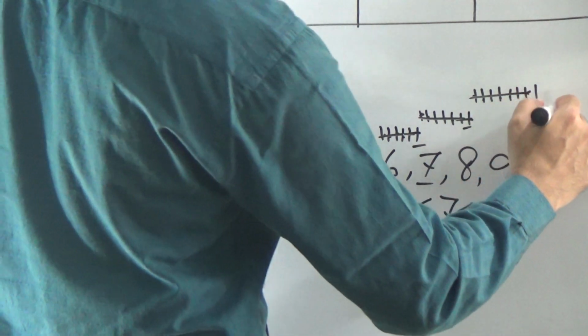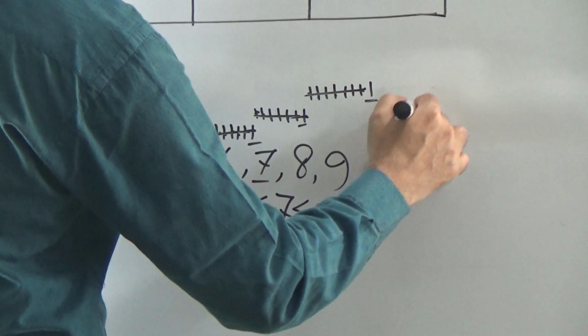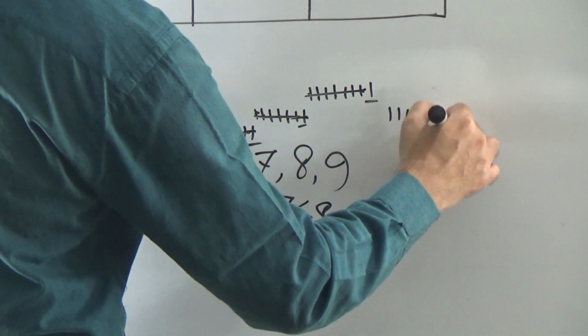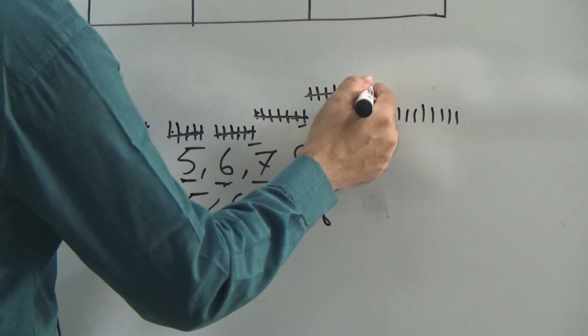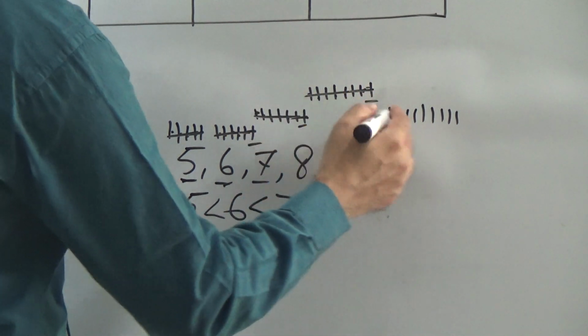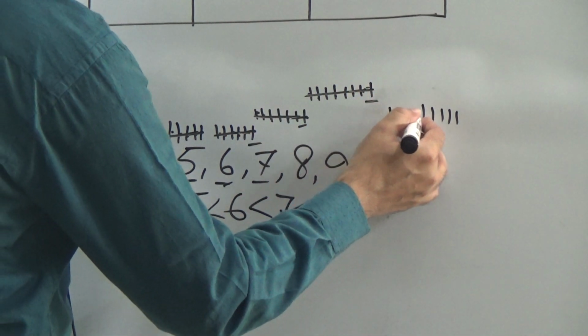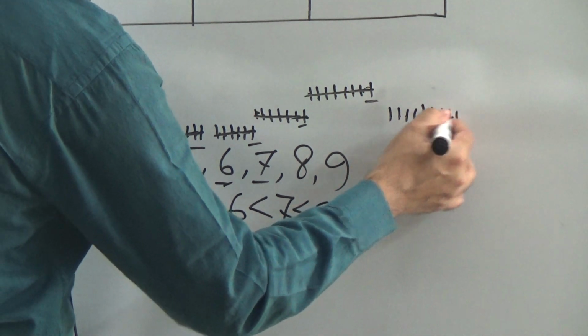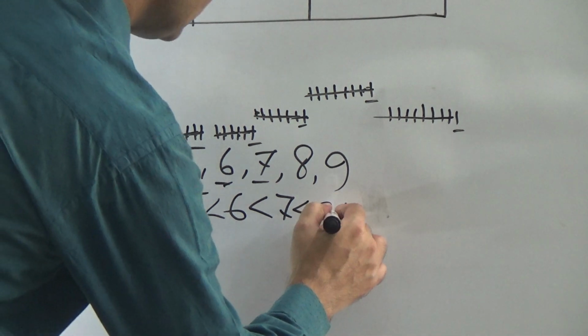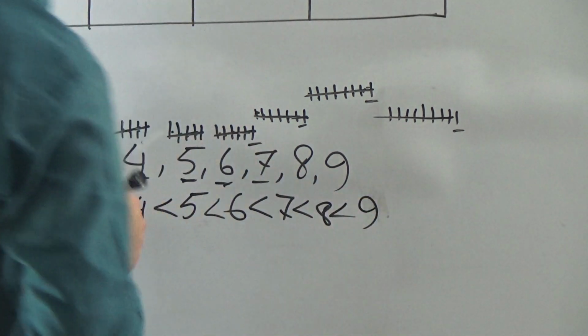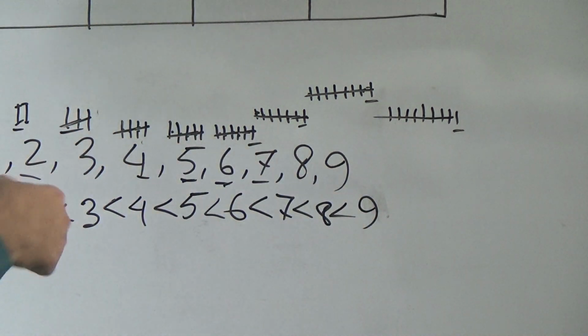So we can consider 9 lines here: 1, 2, 3, 4, 5, 6, 7, 8, 9. Compare 8 and 9. Here are 8 lines. Cut 8 lines, 1 line more. It means that 8 is smaller than 9.